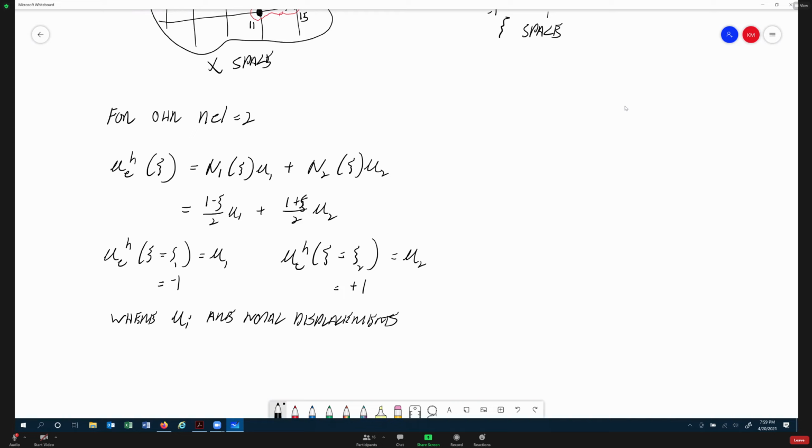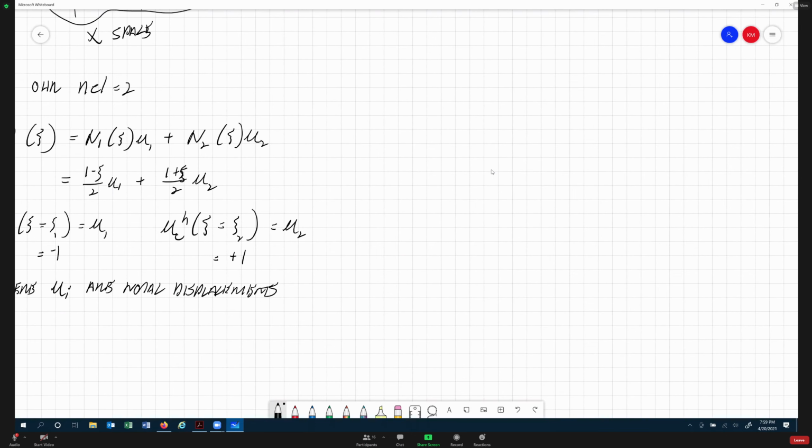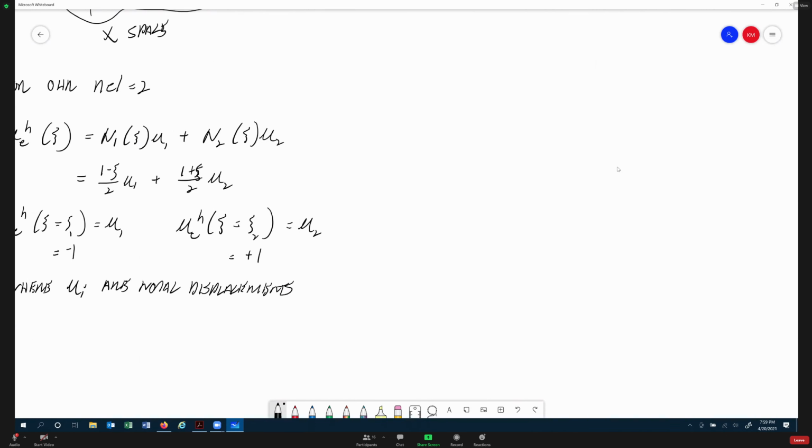Okay, so I'm going to write this out. Previous example: nodes 1, 2, 3, 4, 5. Kind of start thinking about things: element 1, element 2, element 3, element 4. We have node 1, 2, 3, 4, 5. So we have elements and we have nodes.